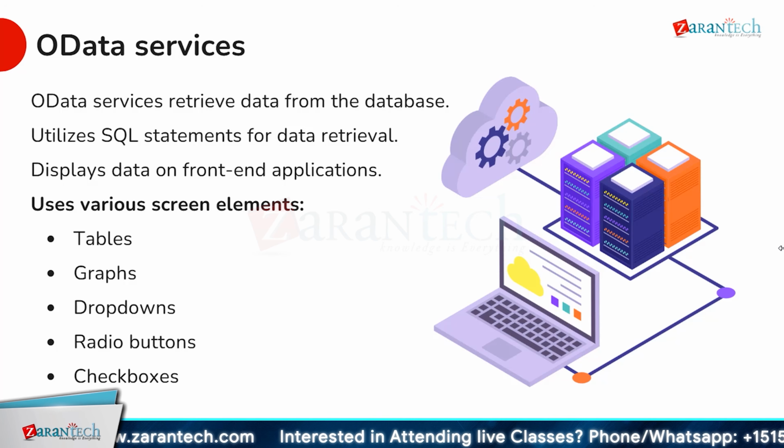Graphs can visualize data trends, helping users see patterns at a glance. Additionally, drop-downs, radio buttons, and checkboxes allow users to make selections and filter the data displayed. By utilizing these elements, OData services enhance the way data is presented and interacted with, making it more user-friendly and effective.